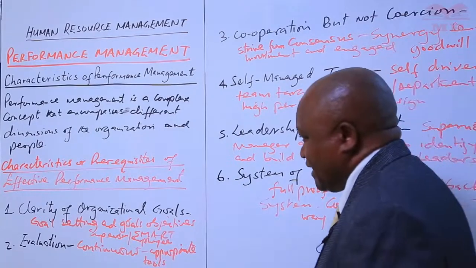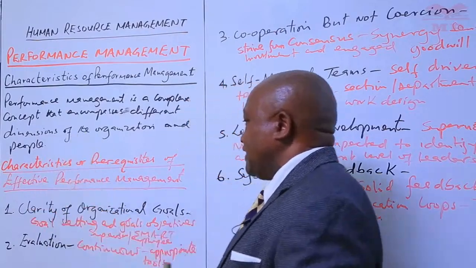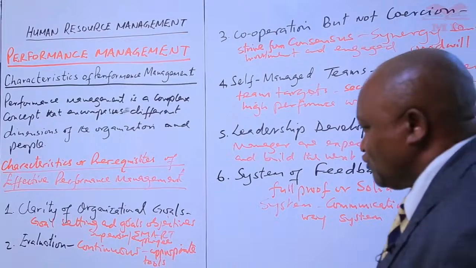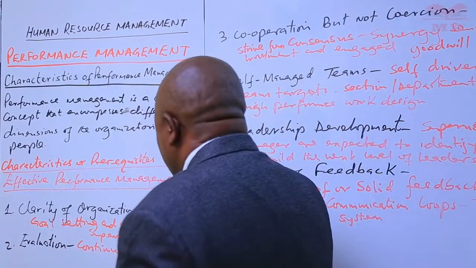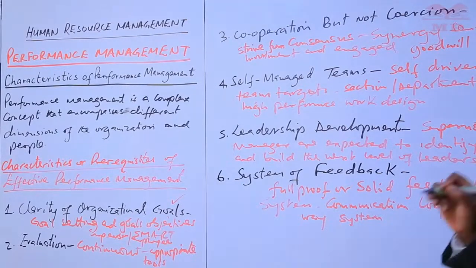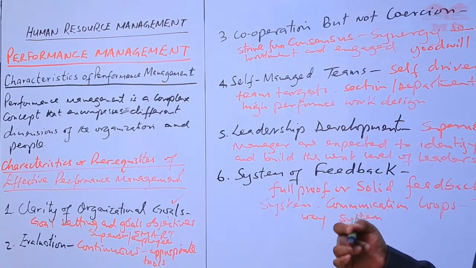And we have noted that some of the characteristics or prerequisites for effective performance management may include, number one, clarity of organizational goals in terms of goal setting, formulation of strategies, organizations' business plans, and so on. So there must be clarity of organizational goals, because they are the ones which then provide the direction.